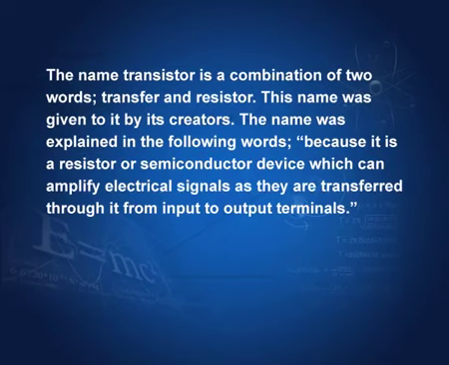The name was explained in the following words. This is history, you may not worry too much about it. It is a resistor or semiconductor device which can amplify electrical signals as they are transferred through it from input to output terminals. So, transfer and resistor, you can combine these two and this word becomes transistor. That is why this device is called transistor.